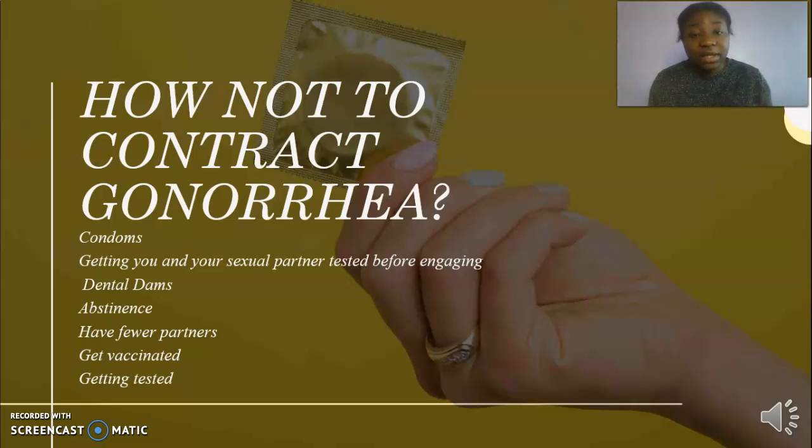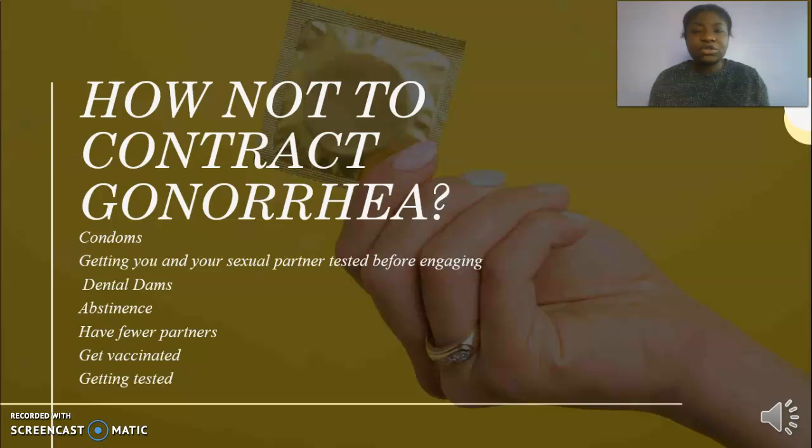So how not to contract gonorrhea? There are some clear and concise ways to avoid contracting gonorrhea, which include using condoms. Whenever you have sexual contact with anybody, always use condoms. Don't let anyone discourage you from using condoms, because this can save you from contracting an STD or STI.